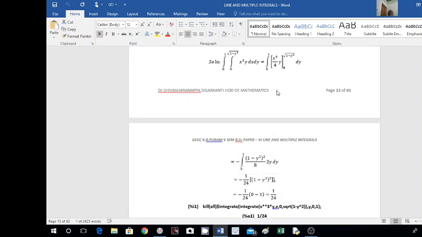Why I have written this 2y? Okay, I will delete this. This is only 4, yes, 4. 1 minus y square by 4 into y. Okay.